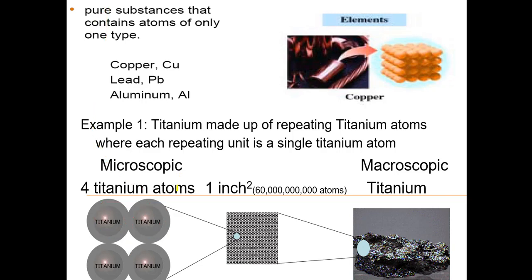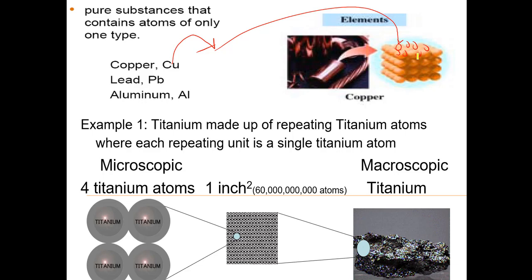The periodic table is made up of letters, and each one or two letters indicates a specific element. And if you were to shrink yourself down and look at it on an atomic level, then all the particles that make up the element have the same atom type.